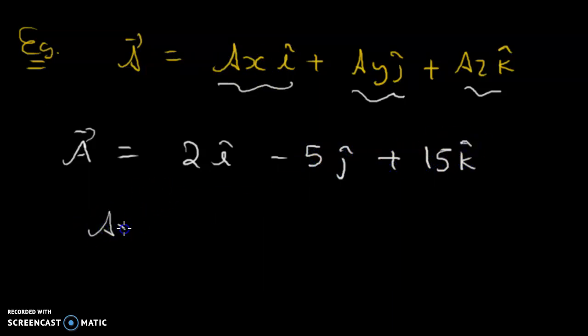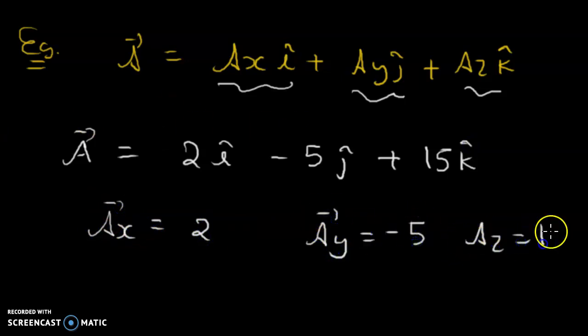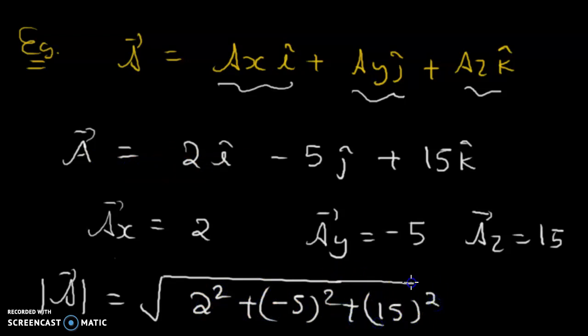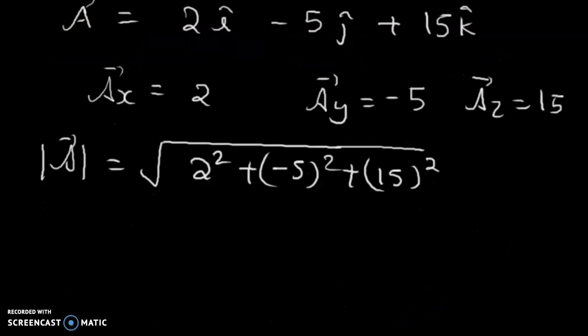The ax component is 2, the ay component is negative 5, and the az component is 15. These are the various components. If I ask what is the magnitude of the vector, you would take the square root of ax square plus ay square plus az square. And if I ask what is the unit vector in the direction of a, what do you need to do? The unit vector is the vector divided by its magnitude.